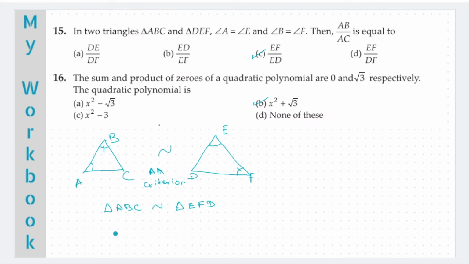So here we can write that AB by EF is equal to AC by ED, which implies AB by AC, that is what is asked here, AB by AC is equal to EF by ED. So option C, EF by ED is the correct answer.